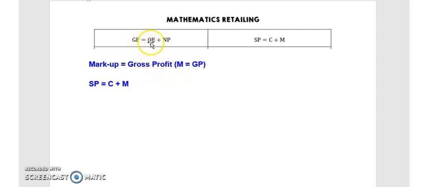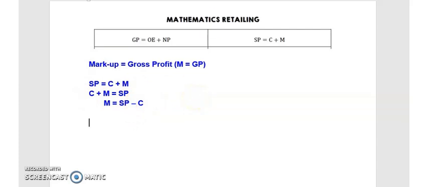This one, GP equals OE plus NP. Now from this formula, make M, or markup, the subject. So C plus M equals SP, and then markup equals SP minus C. So positive goes to the right hand side and becomes minus.